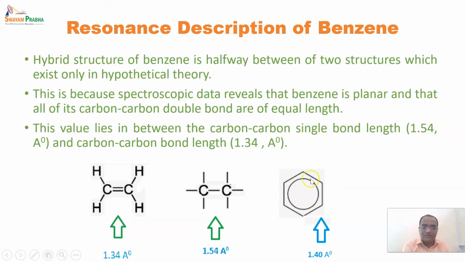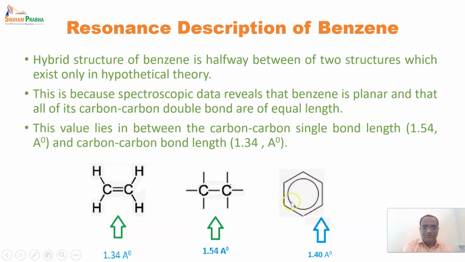So this alternate structure runs continuously, and it should be 1.34 for a carbon-carbon double bond and 1.54 angstrom for a single bond. But in actual benzene, all the carbons are 1.40 angstrom apart. So it also indicates that the structure is planar, and that is why the distance between carbons is similar for all the carbons.